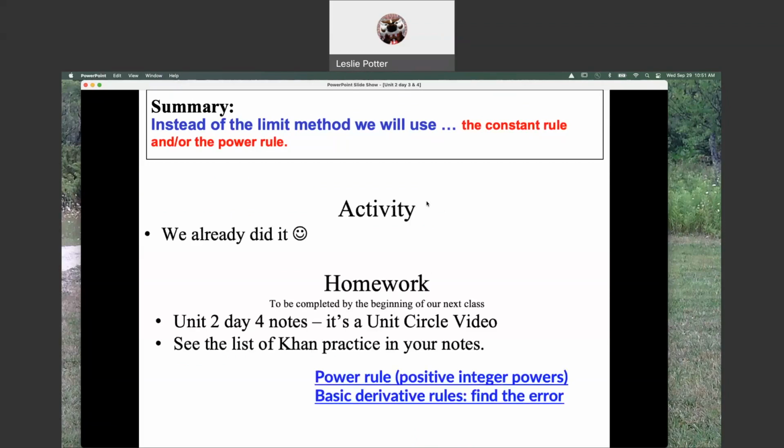You already did the activity. Big smiley face. There are no topic questions for today. We're going to do them tomorrow. We're going to spend a couple of days on this content. Your notes for tomorrow is to look at a unit circle video.